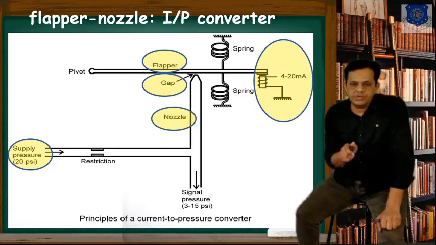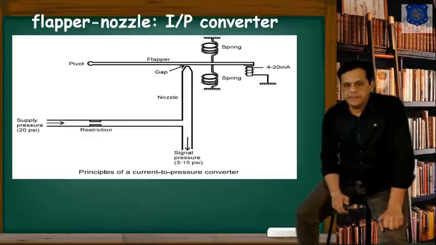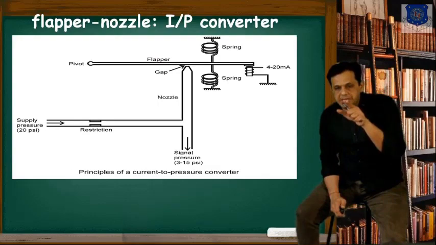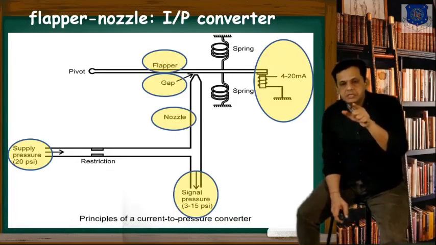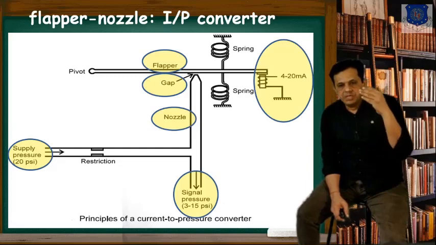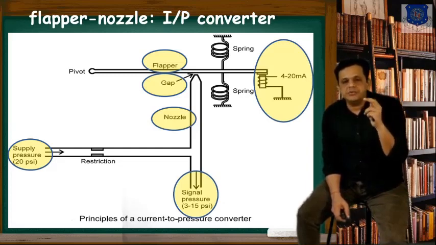So what is going to happen now? As this magnet attracts the iron piece placed on the flapper, the gap between the flapper and your nozzle will reduce.